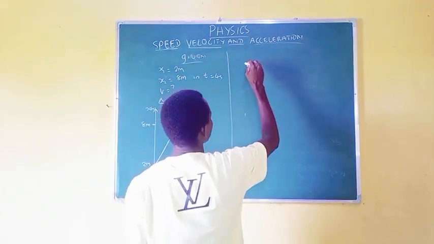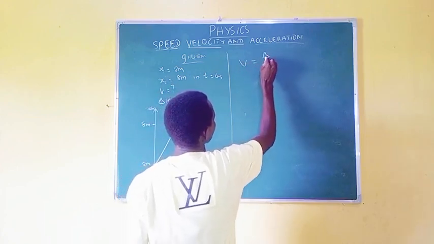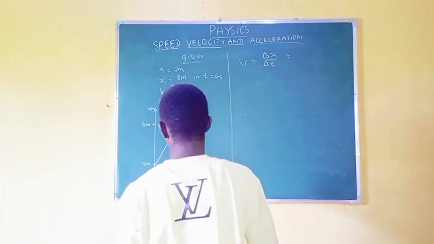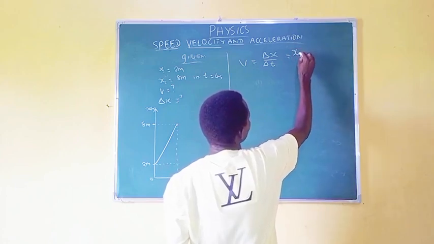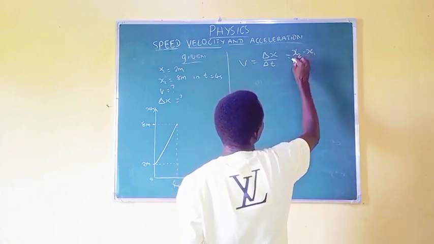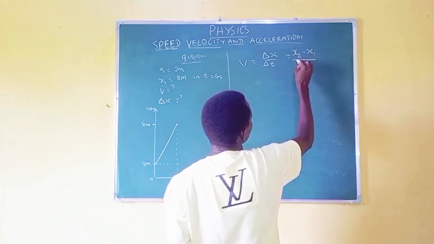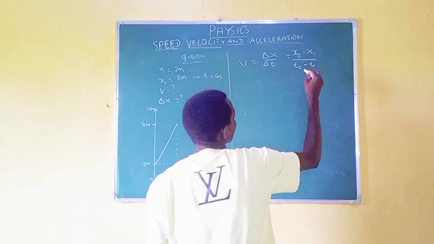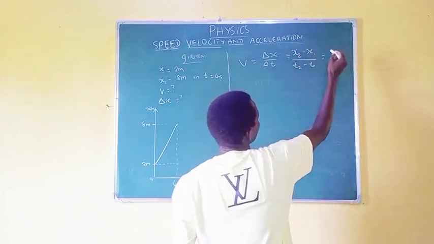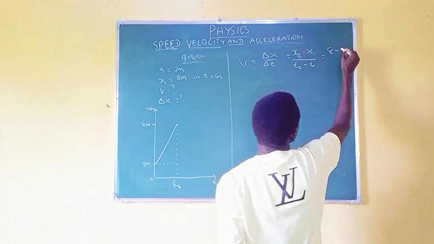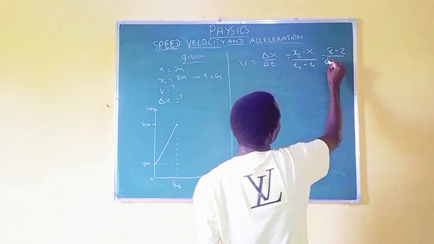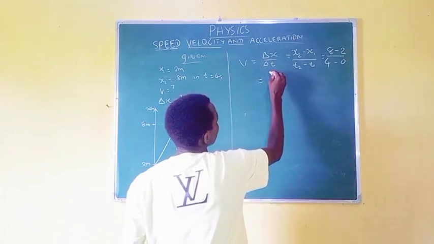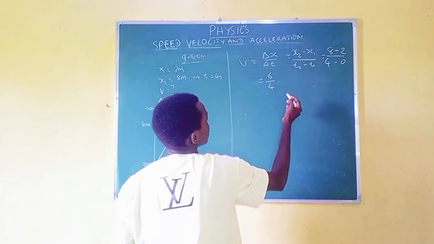From the slope, we can find that velocity is equal to change in S over change in time, which is equal to final displacement minus initial displacement all over the final time minus the initial time. And we know that the final displacement is 8 minus initial 2 all over 4 final time minus 0. Therefore, we have 6 over 4.